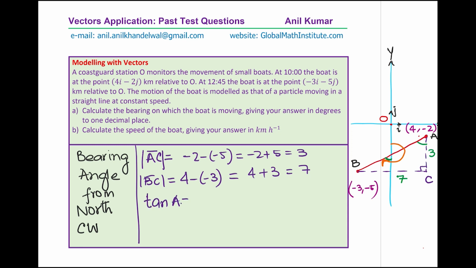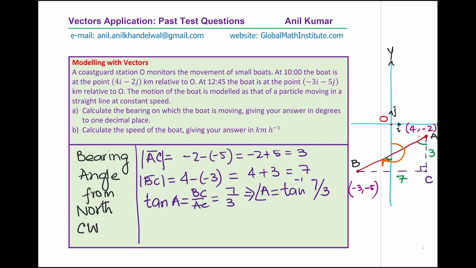So tan of angle A, which is the ratio of opposite to adjacent, is basically BC over AC, and that is equal to 7 over 3. So that gives us angle A as equal to tan inverse of 7 over 3.